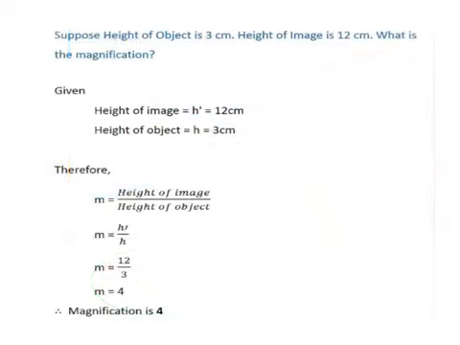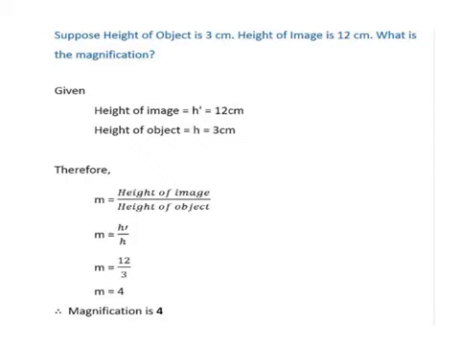Children, let's move on to solving problems on the basic ideas which we have discussed so far. Now, to begin with, let us start with the easy questions. Read the question now. Suppose the height of the object is 3 cm. Height of the image is 12 cm.